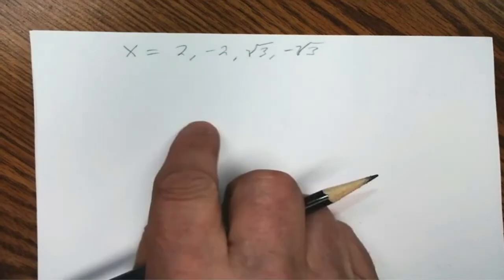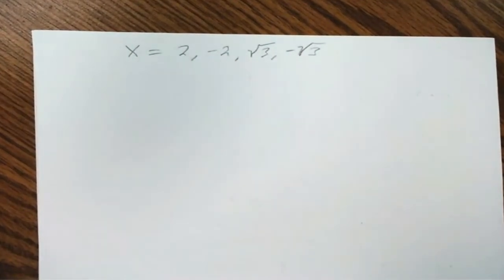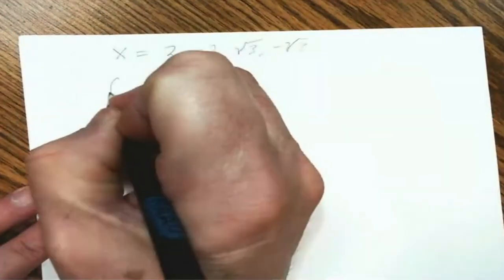So that tells us this must be at least a fourth degree polynomial, because there are 4 zeros or 4 solutions. Can we write this function?